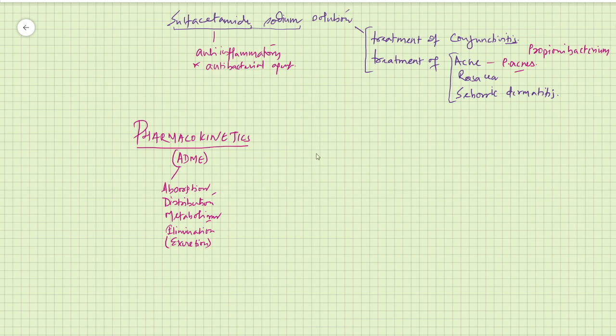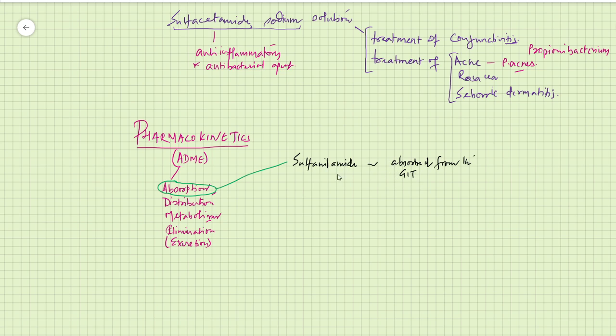So let's look at absorption first. Let's take the prototype drug. This drug is usually absorbed from the GIT.